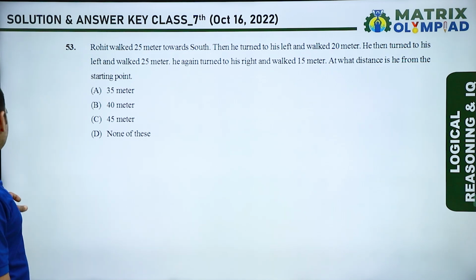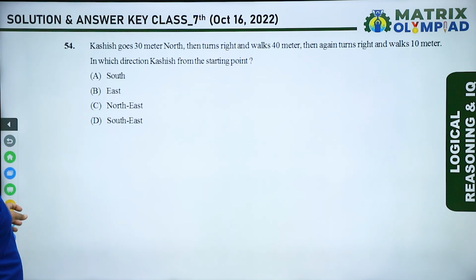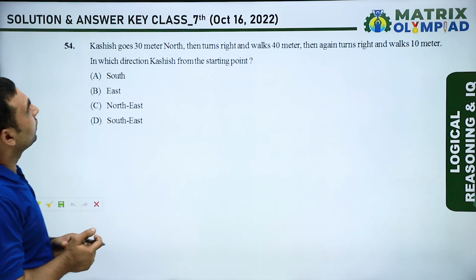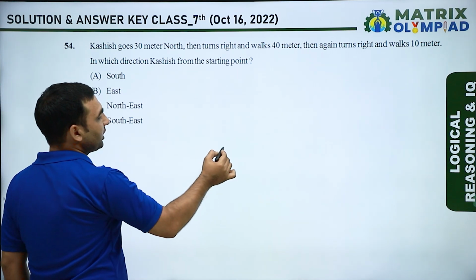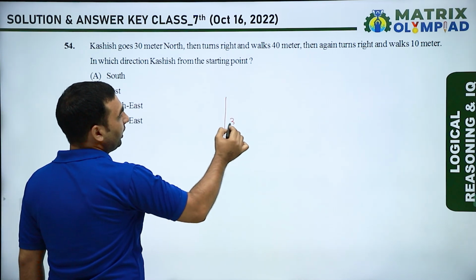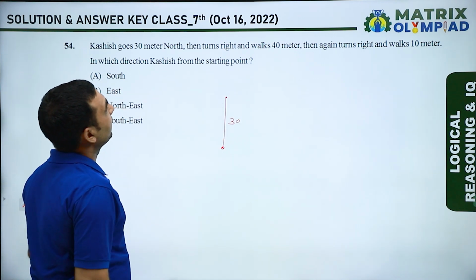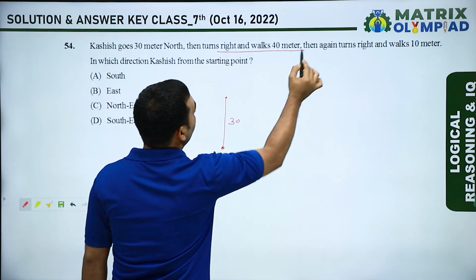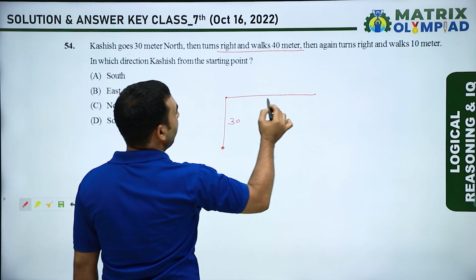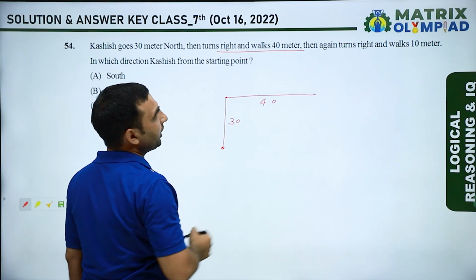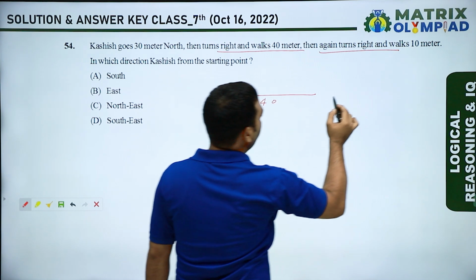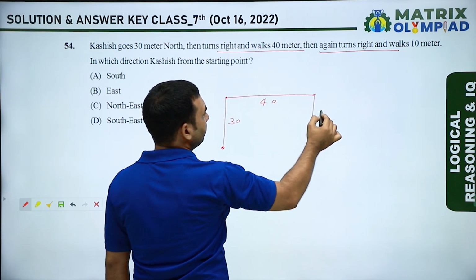Our next question is, Cassis goes 30 meters north. He turns right and walks 40 meters. Then again he turns right and walks 10 meters.